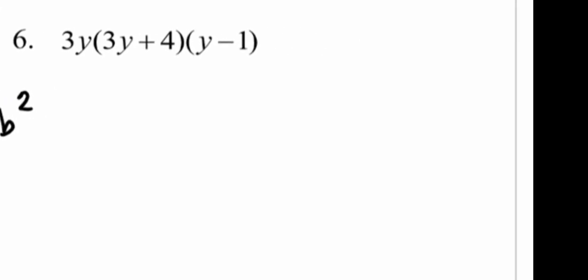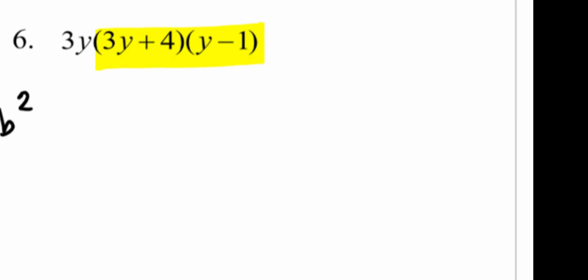Now in number 6, notice that we have two binomials being multiplied times a monomial. So there's 3 different polynomials that are multiplied together. And the easiest way to do this, in my opinion, is to multiply together the 2 binomials first, to get those out of the way, and then we can distribute the 3y, the monomial, last, and it'll keep your numbers a little bit smaller.